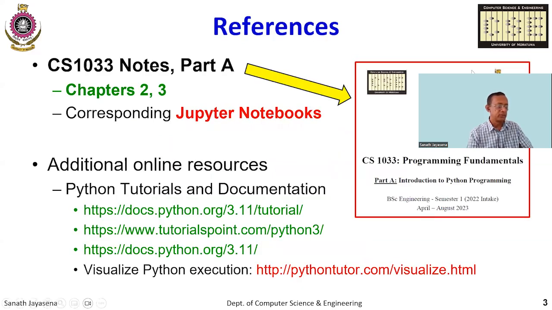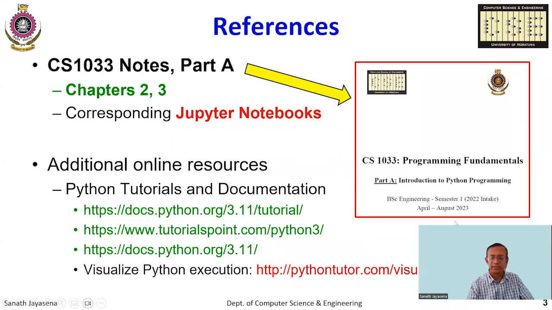As always, we tell you what sections in the lecture notes are related to this lecture. For this particular lecture, lecture number 2, what is relevant in the lecture notes part A is chapters 2 and 3. And you can see the same content in the corresponding Jupyter notebooks as well.